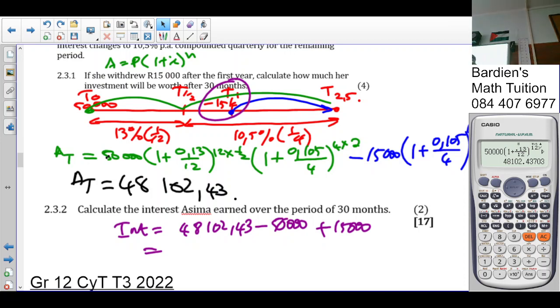Remember that the 15,000 rand was subtracted from the investment, so we do the calculation in reverse. Then it will be 48,102.43 plus the 15,000 withdrawn, minus your 50,000 rand, which is your invested amount.